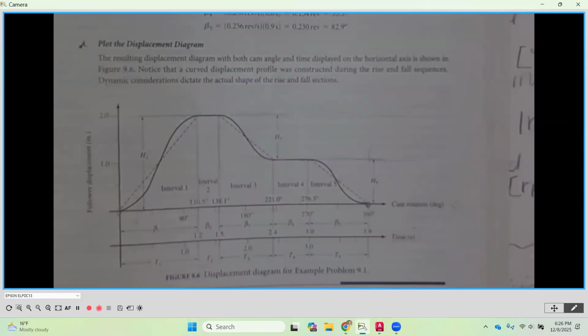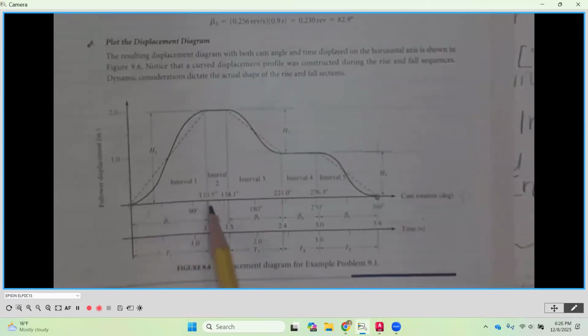Along the x-axis, this corresponds to 1 revolution. So you're going to notice that we have a beta 1, right? Okay, then we have a beta 2, beta 3, 4, and 5, adding to an ending of 360 degrees, okay? If we find beta 1, we calculated that to be about 110 degrees.